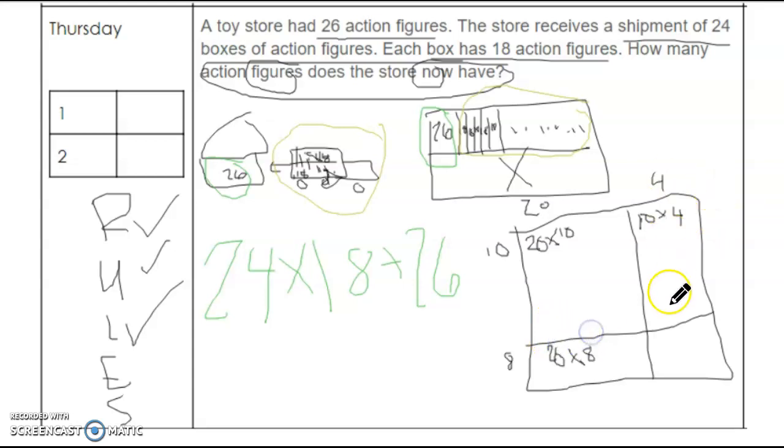And over here I have 4 times 8. So our zero rule. 2 times 1 is 2 plus 2 zeros, so 200. 1 times 4 is 4, plus 1 zero. 2 times 8 is 16, plus 1 zero. And 4 times 8 is 32.